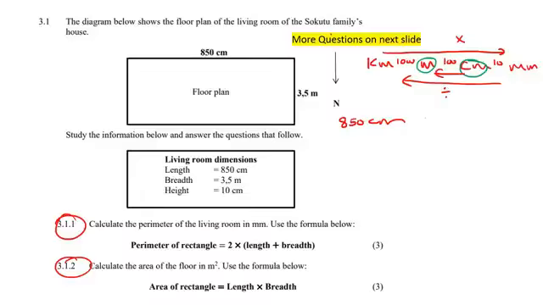When you go to the left hand side, you divide. So we're going to divide that by 100, and that'll give us 8.5 meters. So we can then say that the area is equal to the length, which is now 8.5, multiplied by the breadth, which is 3.5, and that'll give us 29.75 meters squared.